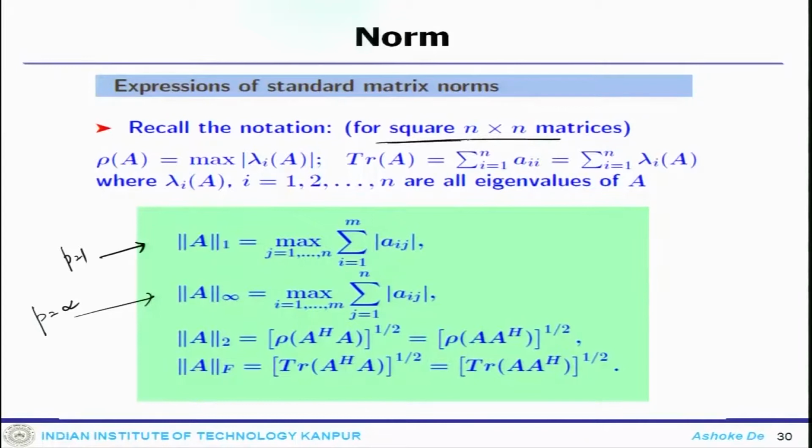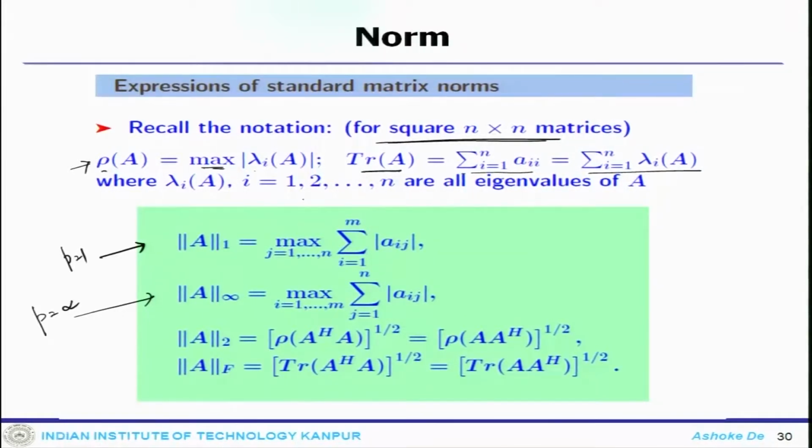Rho(A) is the spectral radius, which is the maximum of the magnitudes of the eigenvalues of A. So, you find the eigenvalues of A, which one can represent as lambda_i(A). That gives you back all the eigenvalues, including repeated ones, and the maximum one is going to be the spectral radius. The trace of A is the summation of the diagonal components, or the summation of all the eigenvalues.